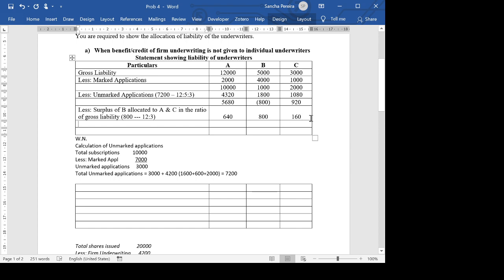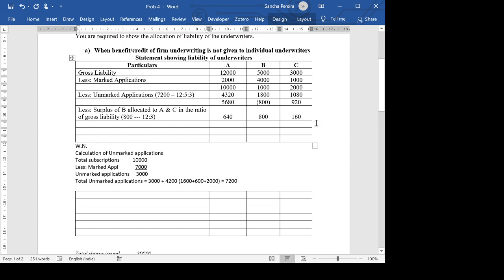Then we minus this and we will get 5680 minus 640 is basically 5040. 5040. Here there is nothing. That means B has to take up nothing. And 920 minus 160 is actually 760.